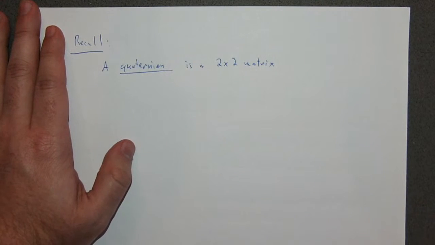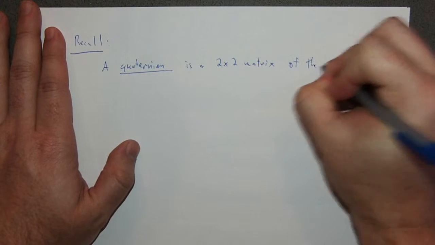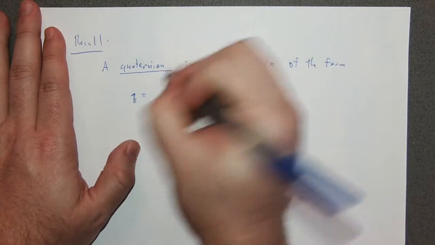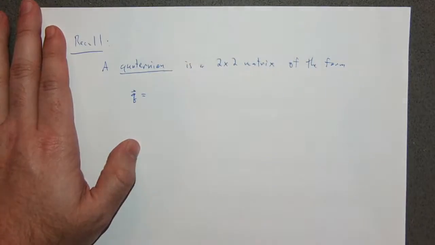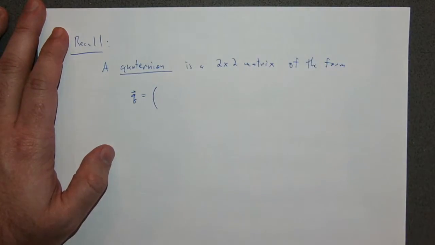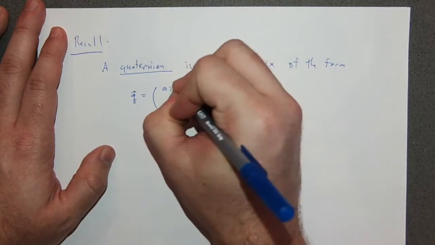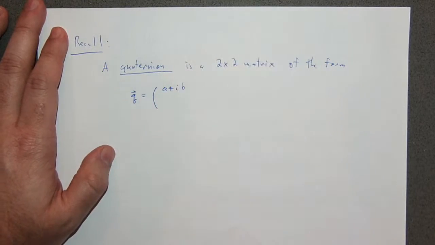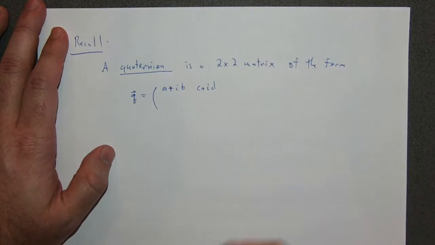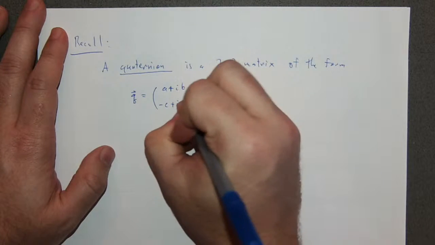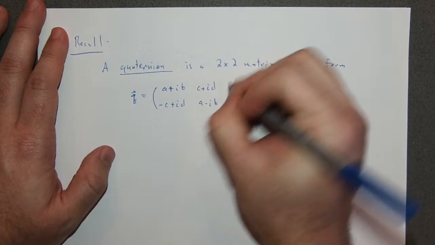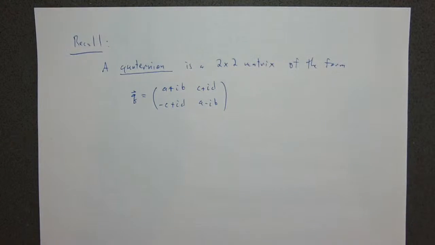So it's a 2 by 2 matrix of the form Q. So Q is a matrix that looks like a plus ib in the first slot, c plus id in the second slot, minus c plus id in the third slot, and a minus ib in the fourth slot.